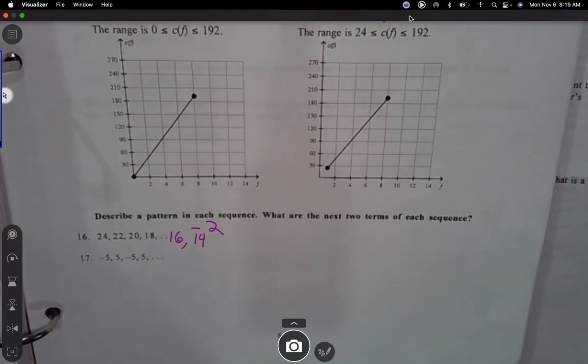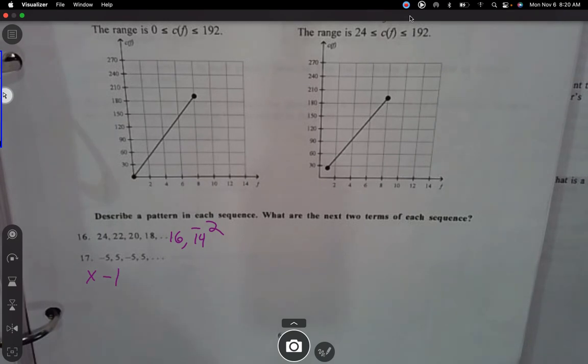Number 17 is a trick. What do you do? The same thing every time. What's our pattern? How do you get from a negative to a positive number? Multiply by negative 1. Okay? It's going from negative 5 to 5, negative 5 to 5. I know your minds may go to adding or subtracting a number, but this one is kind of a trick. You're multiplying by negative 1.